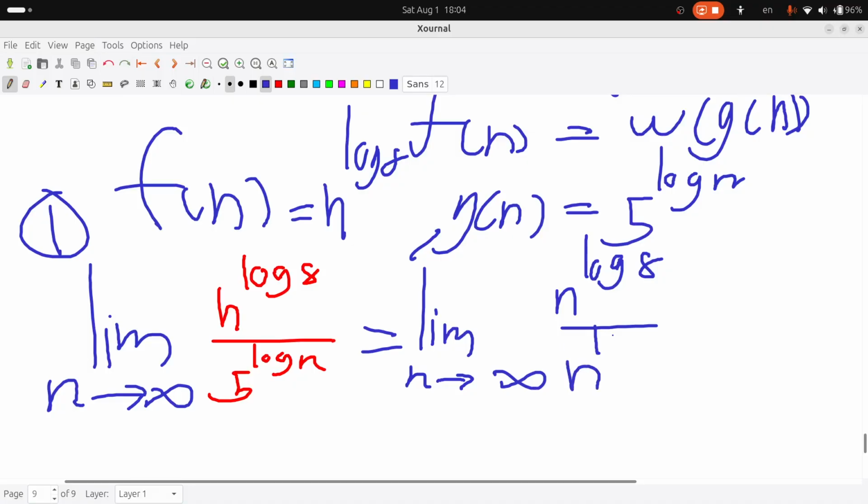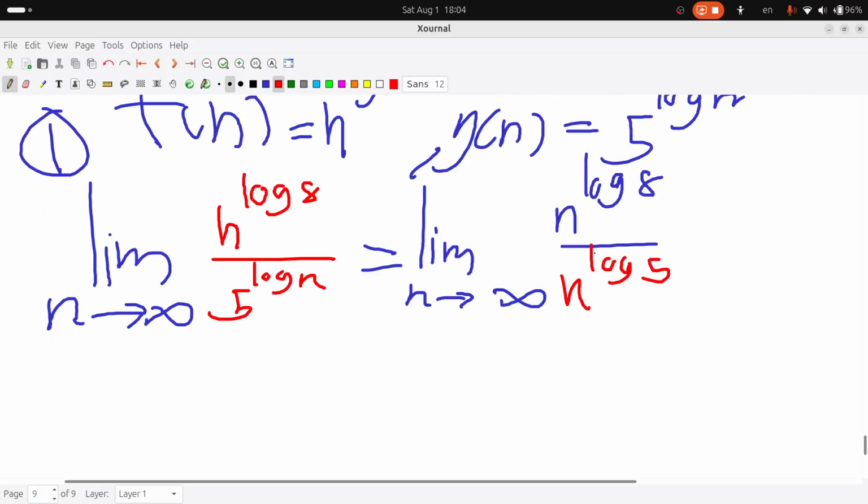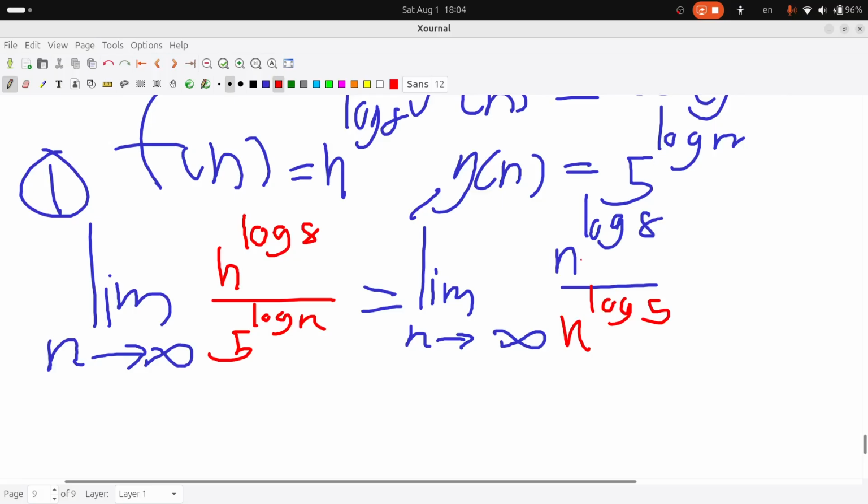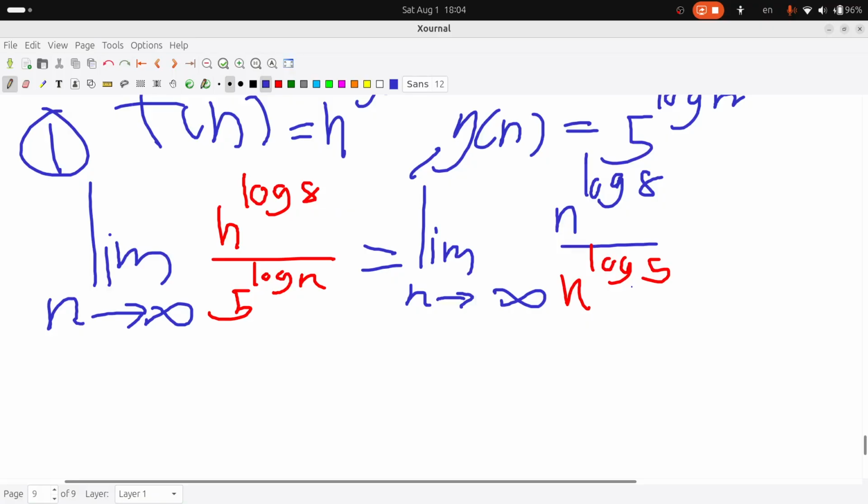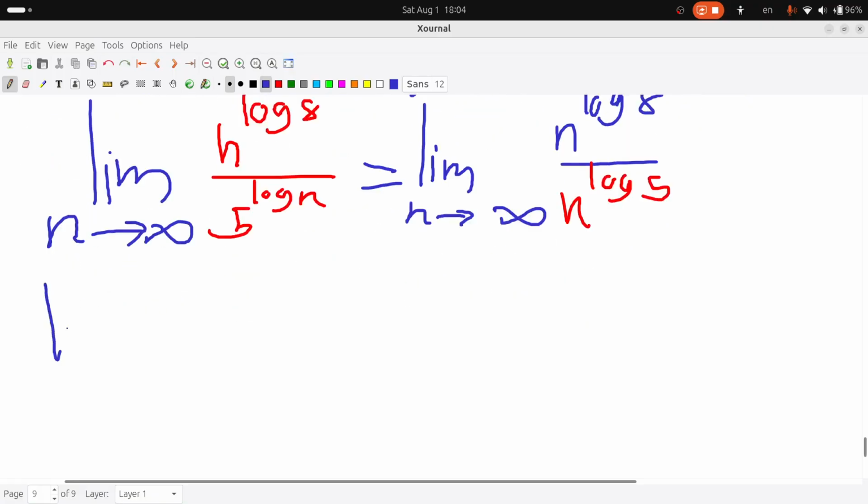n to the power of log 5 is just the degree of n. The n has a degree between log x and log 5, and let me ask you, between log x and log 5, when we use limits, how can we know?